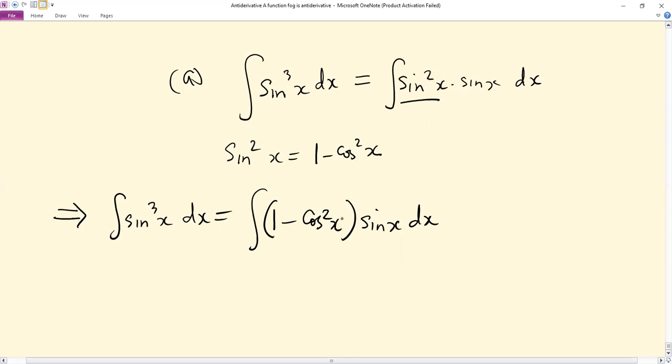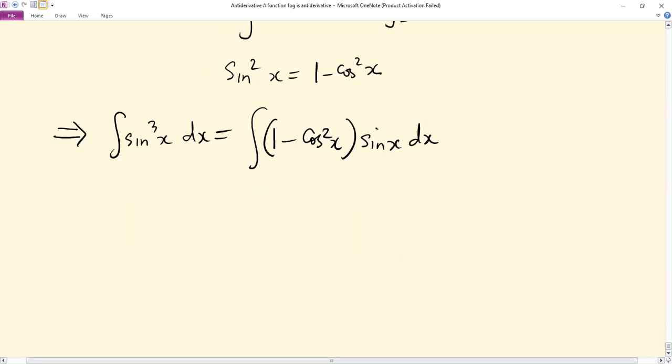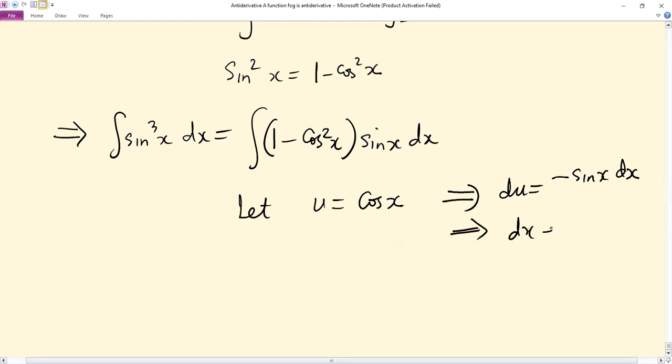Now the next step, you let u be cos x. So this means that du is the same as negative sine x dx, which means that dx alone will be the same as negative du over sine x.